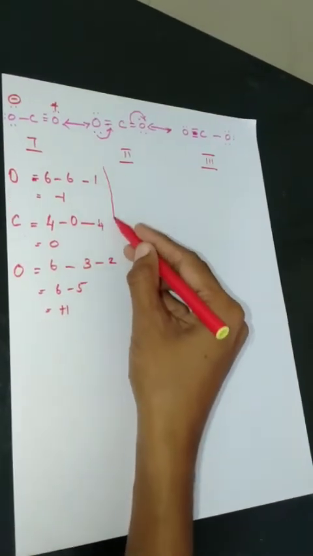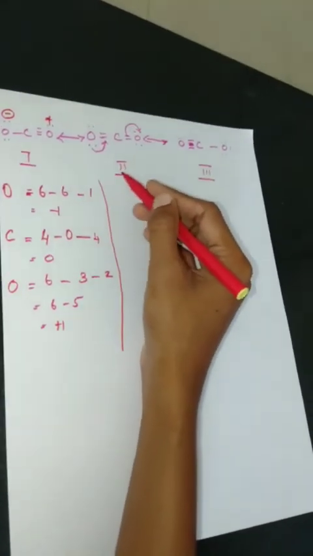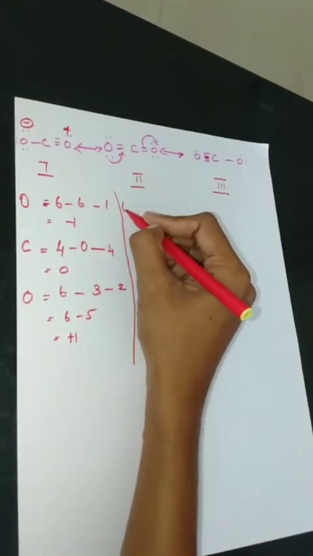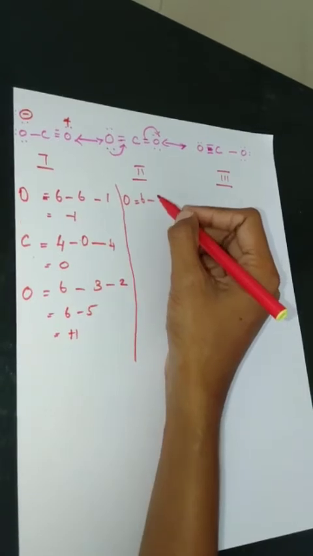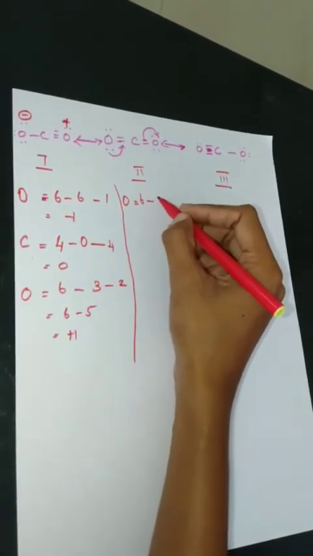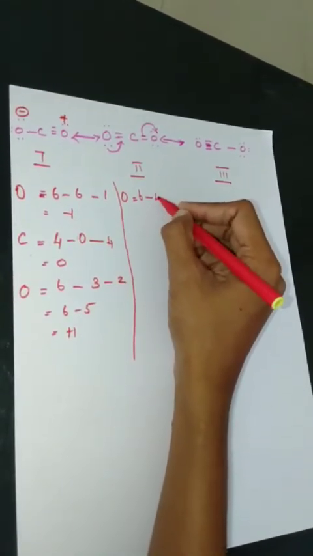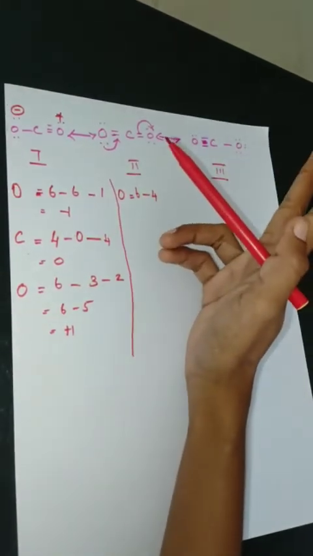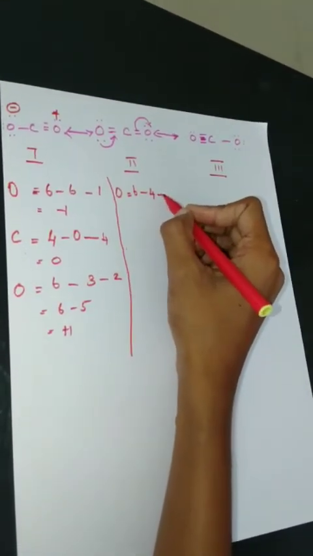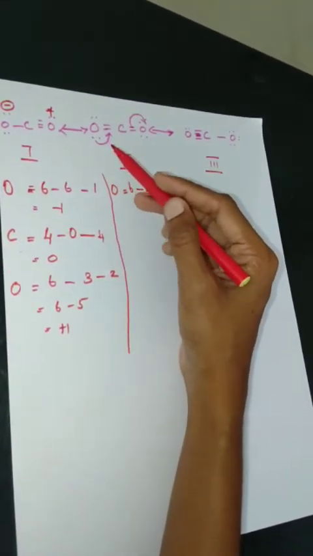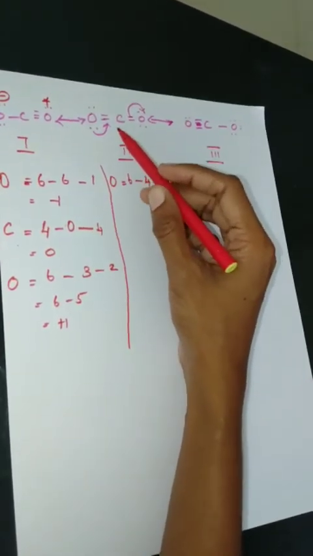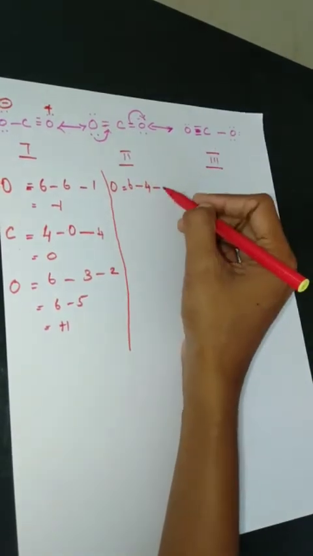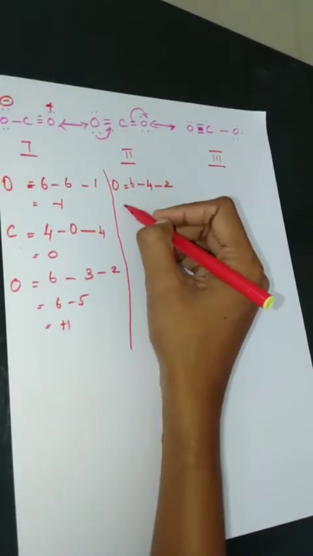So the first structure is finished, and now the second structure. Again oxygen. How many valence electrons does oxygen have? 6. And there are 2 bonds, with 4 lone pair electrons.